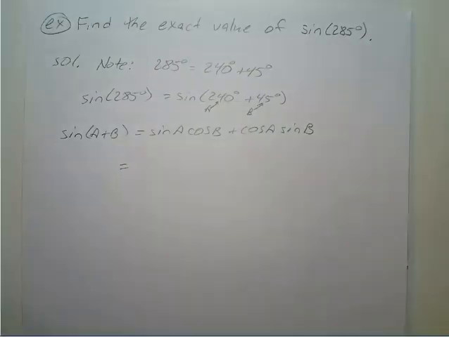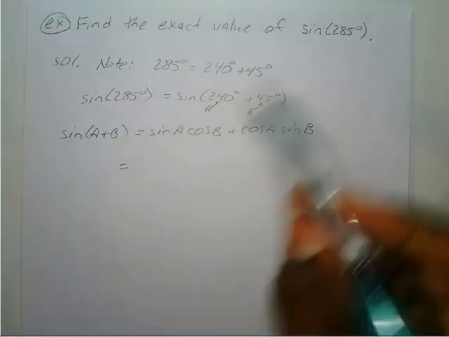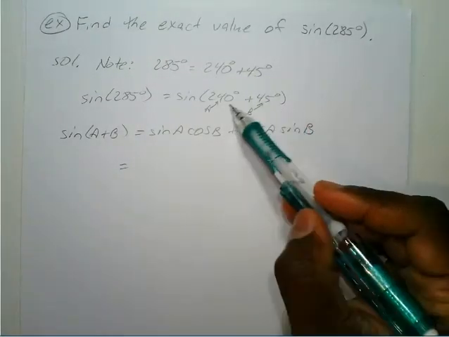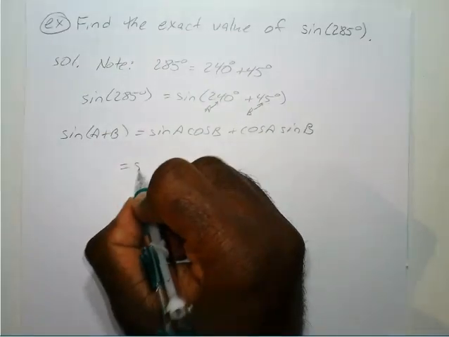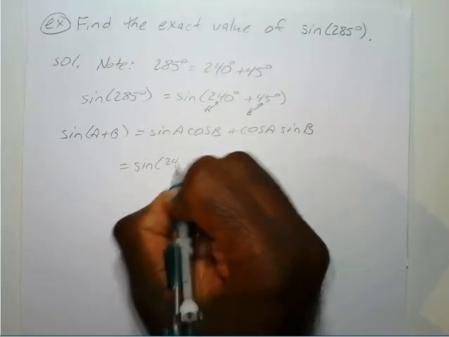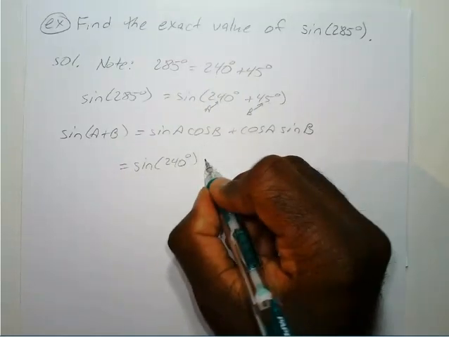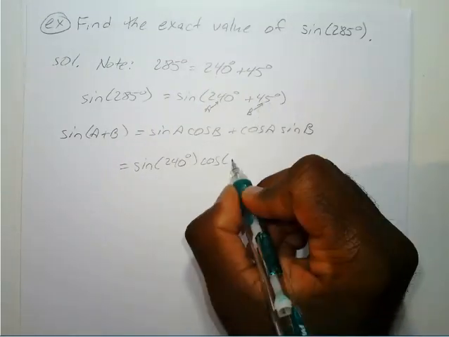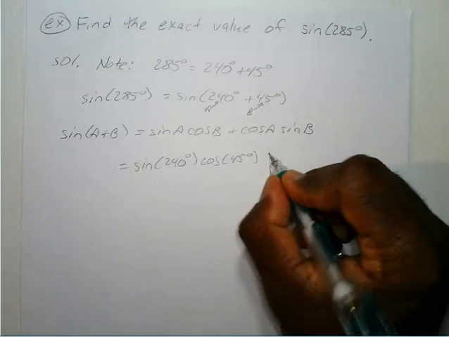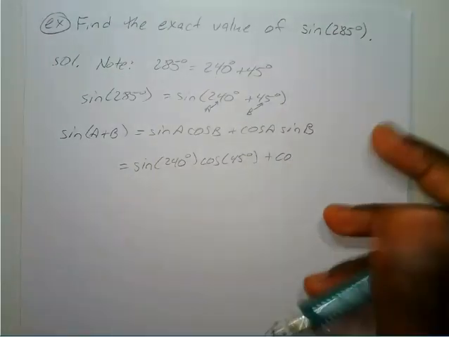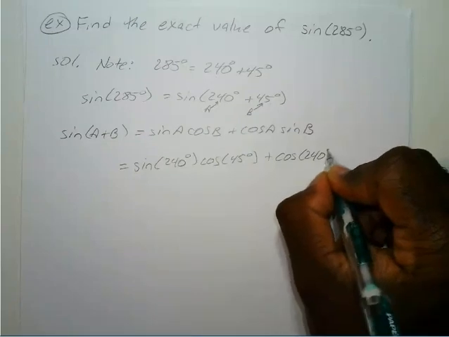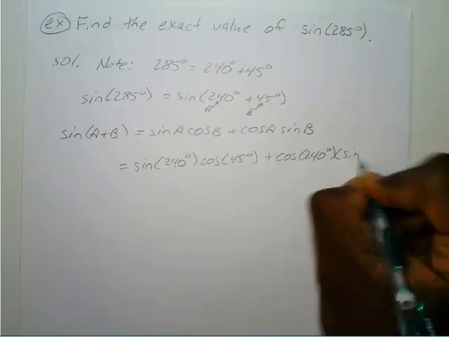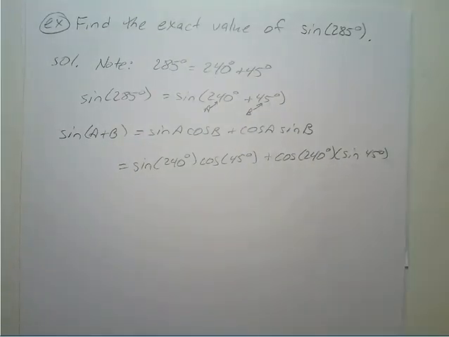It doesn't matter which one you put first. You can make the 45 your a and the 240 your b, you'd still get the same answer. So that's sine of 240 degrees times cosine of 45 degrees plus cosine of 240 degrees times sine of 45 degrees.